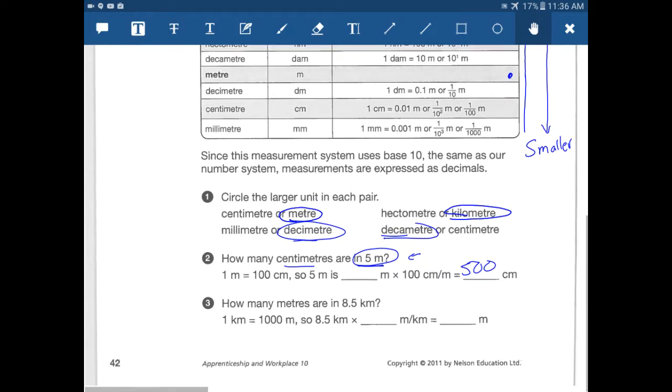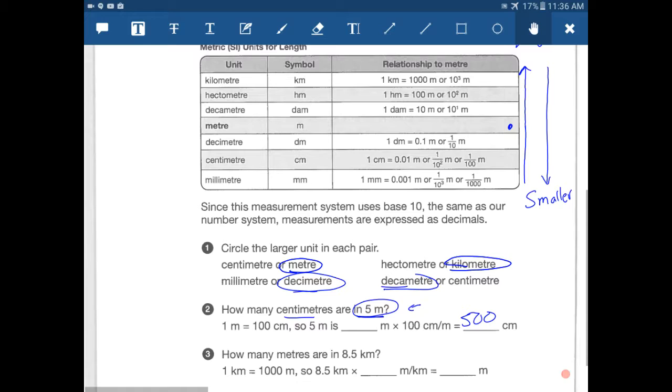Okay, question 3: how many meters are in 8.5 kilometers? Well, if you want to do this the easy way, let's put 8.5 up here. And they want that in meters. So we have to go 1, 2, 3. That's a 10, a 10, and a 10.